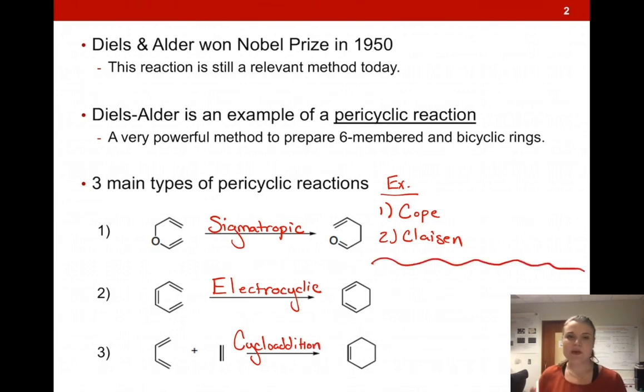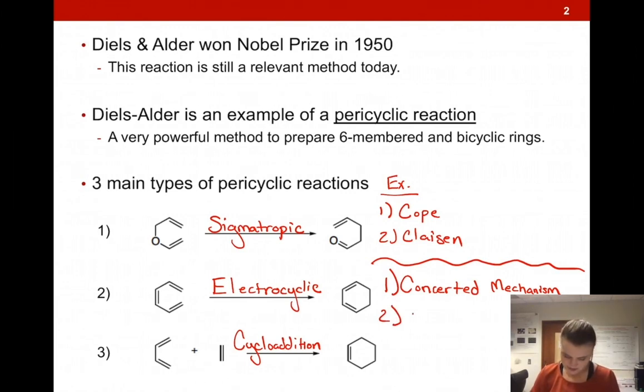I want you to take away two things from pericyclic reactions. One, they go through a concerted mechanism, and two, they have cyclic transition states.